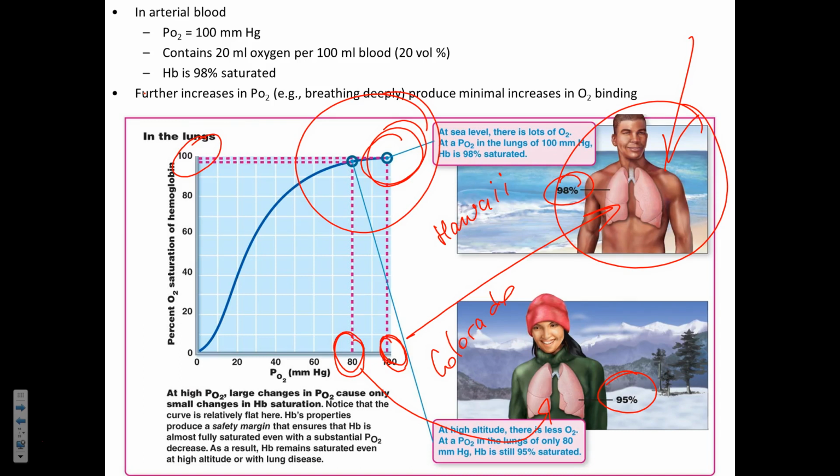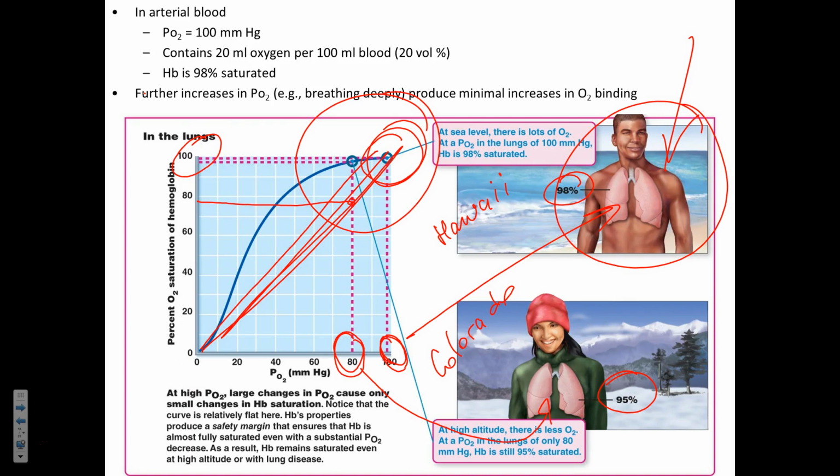Think about this. If you climb up, if that would be not a curve, but a line like this, okay? Then if you go from 100 millimeters of mercury of oxygen to 80, your saturation of hemoglobin falls from almost 100 to, I don't know, 75.